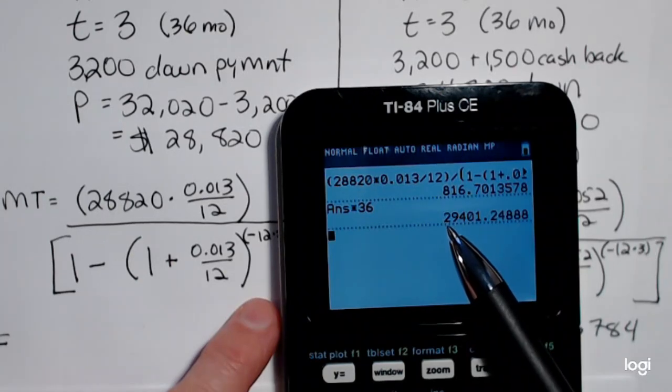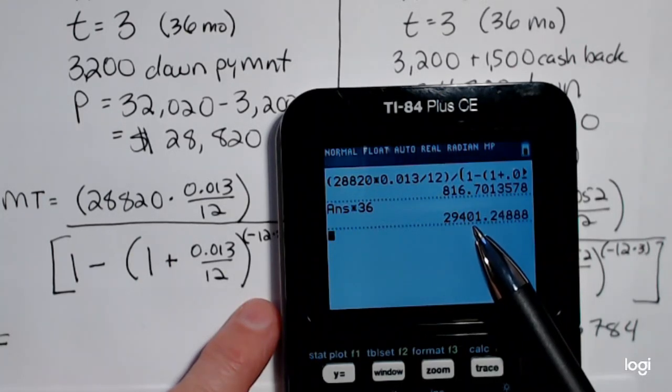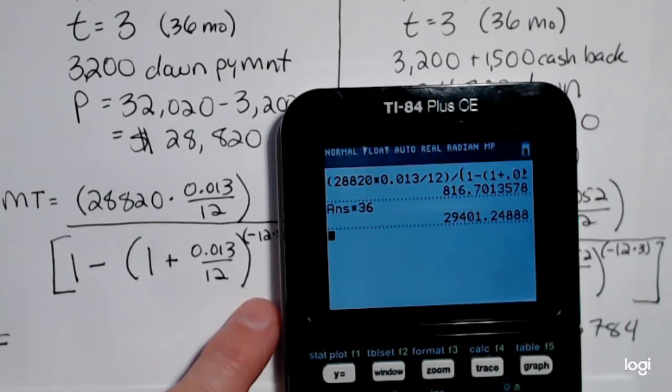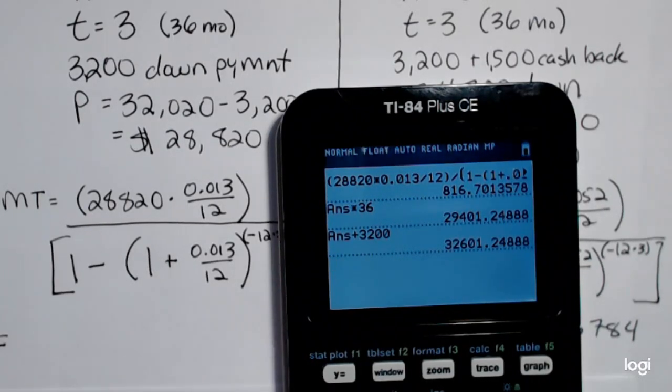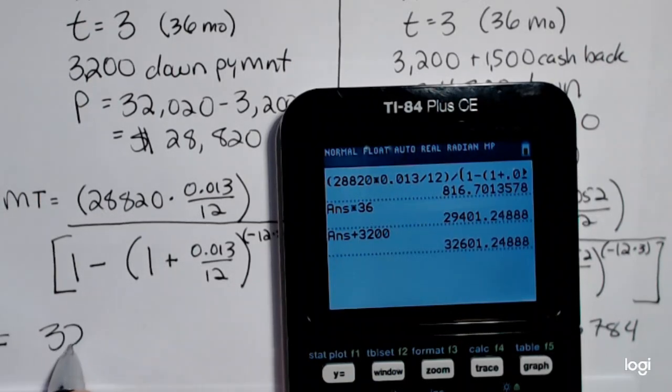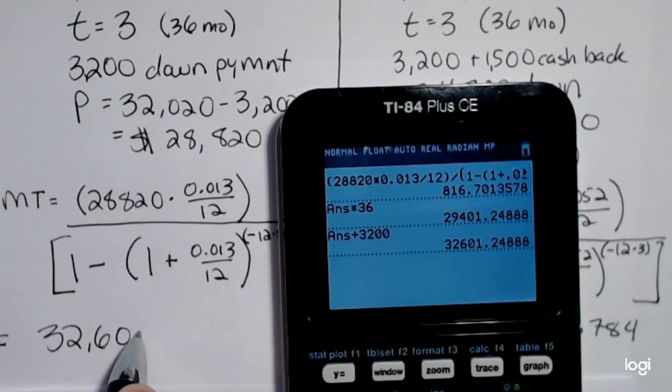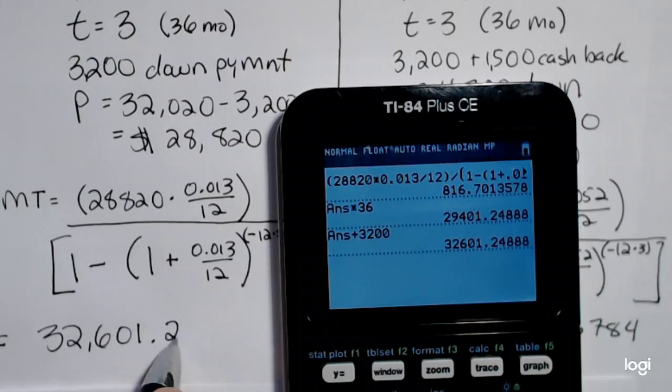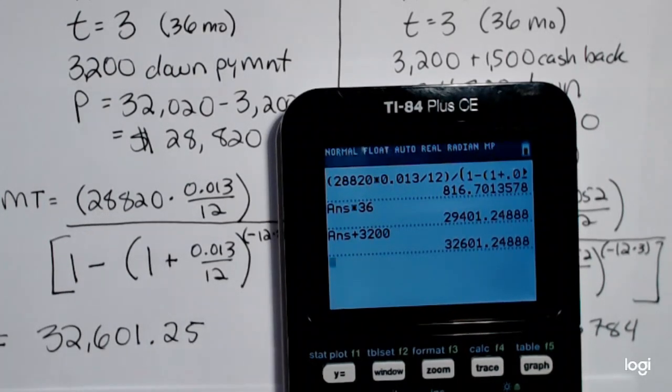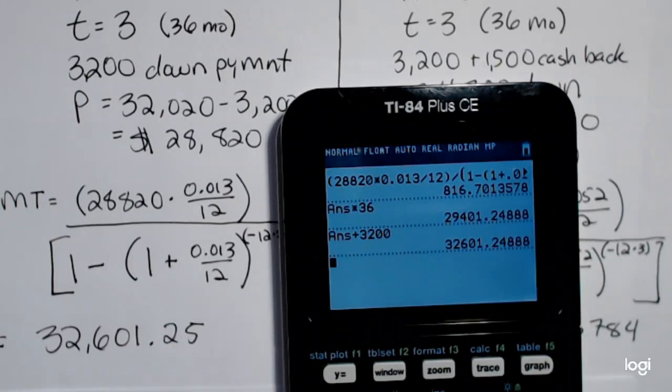So this $29,401.25 plus his down payment of $3,200 will give us the total amount he has spent. So altogether under option A, he would have spent $32,601.25. That's rounding to the nearest cent.